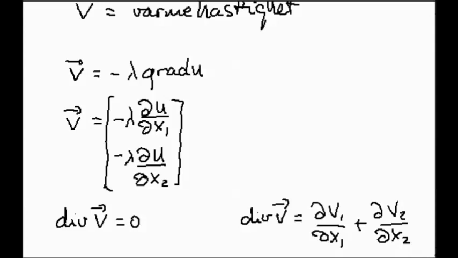If we have more variables, we do it similarly. For example, if we have the spatial variable x3 in addition, we get 3 terms, and the third term is the partial derivative of v3 with respect to x3.